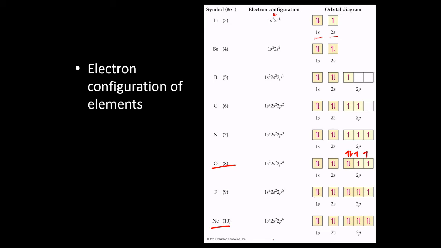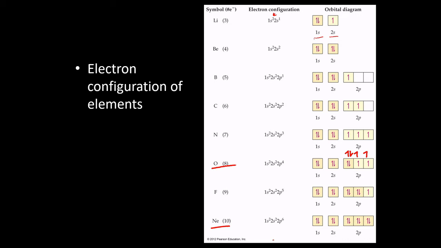All right. So the really, really good news about these electron configurations and orbital diagrams is that these do not change in any way from one element to the next, with the exception of the number of electrons. That is the only thing that changes from one element to the next.